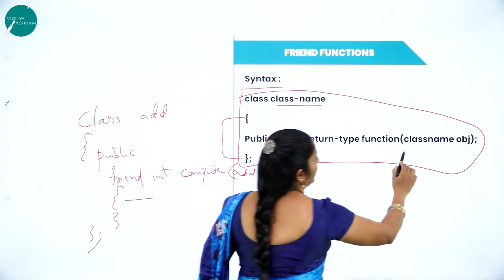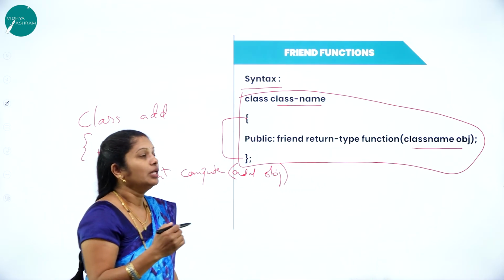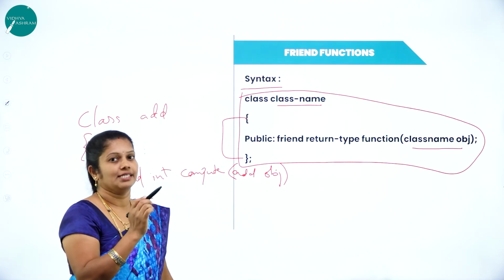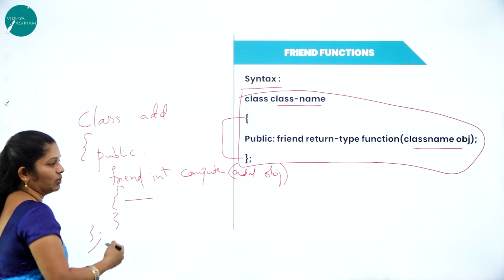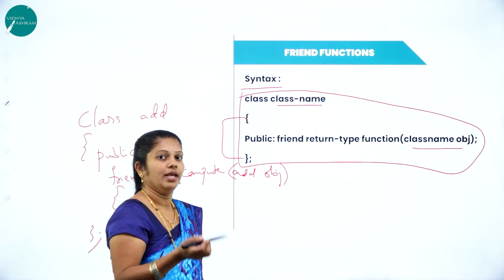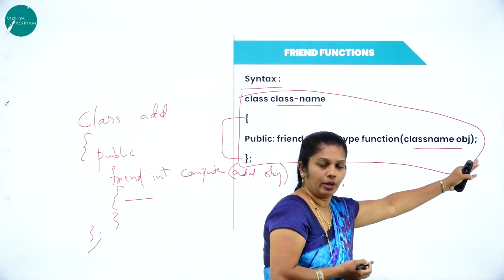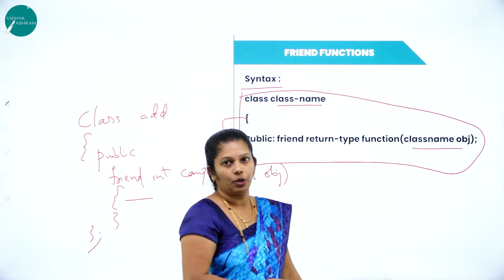While writing inside the bracket, don't write the argument. In that place, write down the class name as well as the object name. For which class it is a friend, that you have to mention. Then whatever statement you want, you can write inside the class as well as outside the class. Inside the class, don't put a semicolon. If you want to write outside the class definition, then write a semicolon.